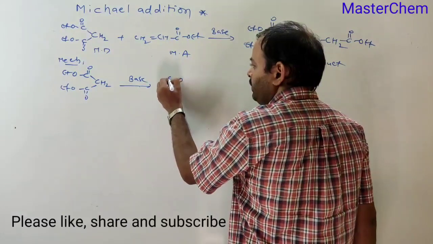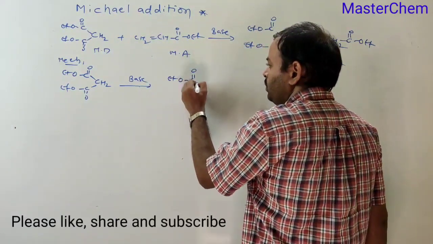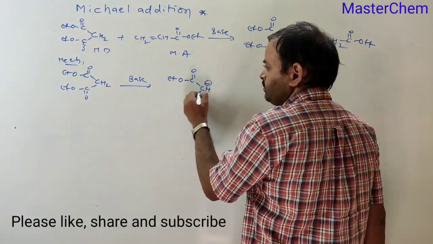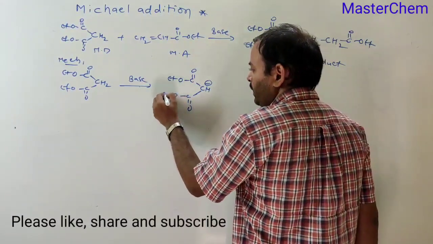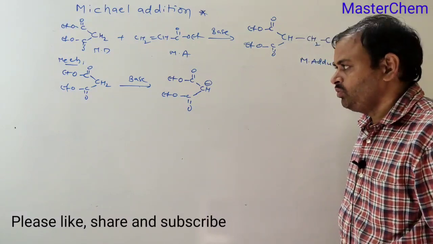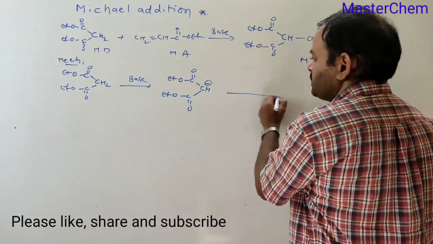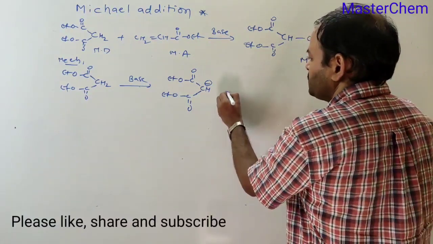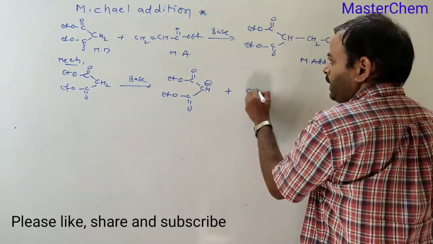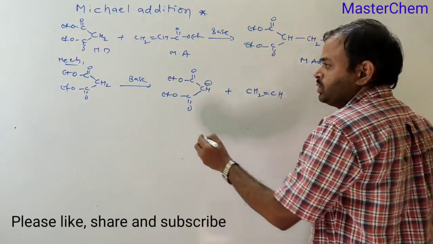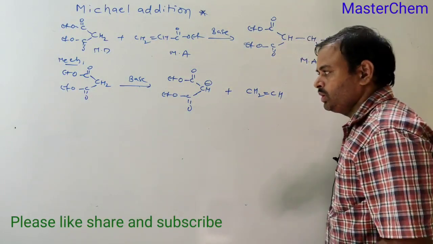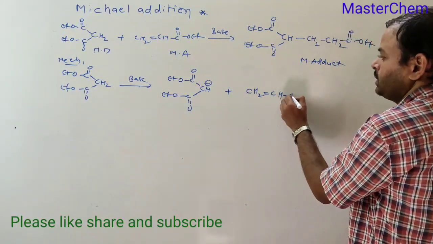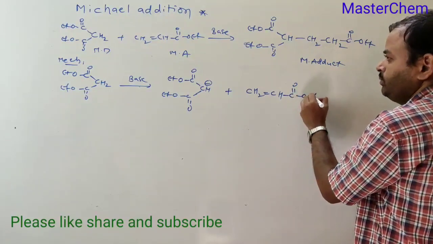So EtO, C double bond O, CH minus, C double bond O, OEt, a carbanion, will be formed. The base will become base with hydrogen. This reacts with the Michael acceptor, CH2 double bond CH, C double bond O, OEt.